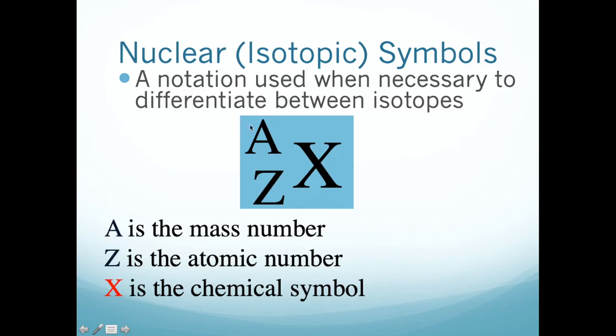When in doubt, just know the bigger number goes on top. Remember, this mass number is going to be your number of protons plus your number of neutrons, whereas this number down here, your atomic number, is only the number of protons.